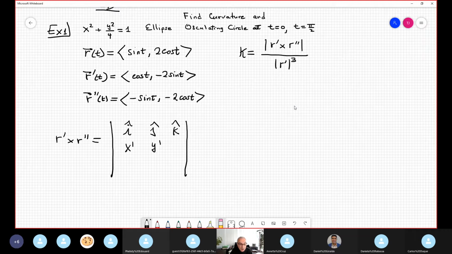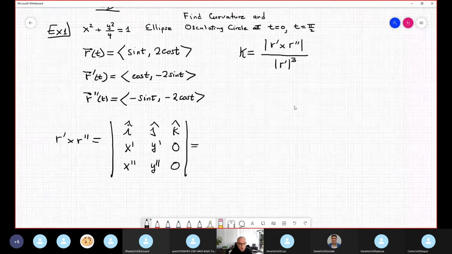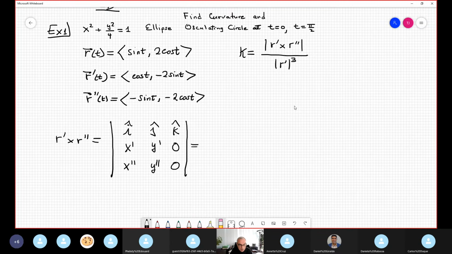So the third component is 0. However, the definition of the cross product is in 3 dimensions, so you suppose k is 0. And here we have x double prime, y double prime, 0. The formula I want to prove now is general for any problem.